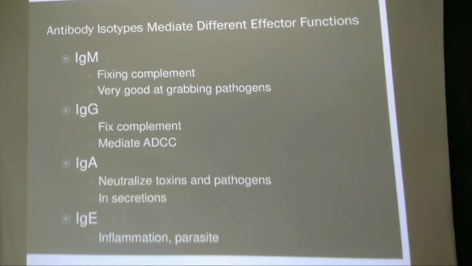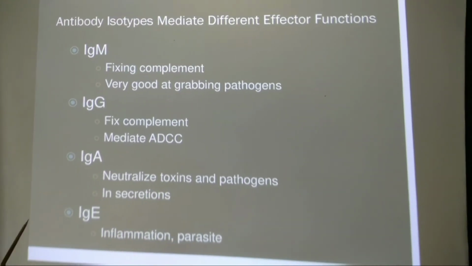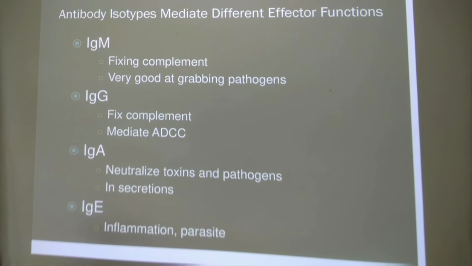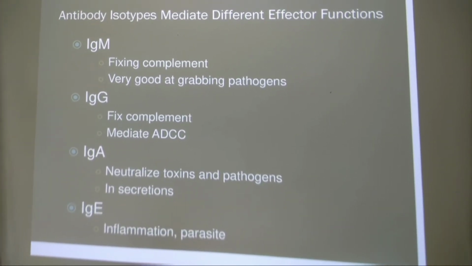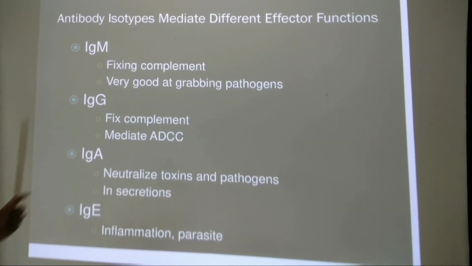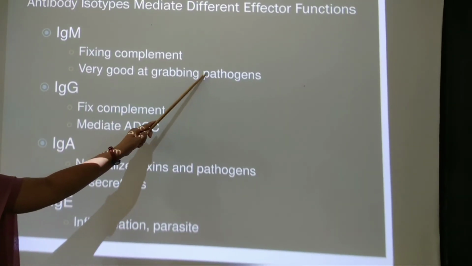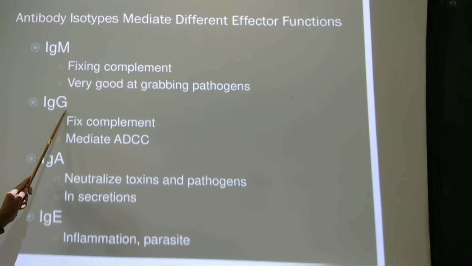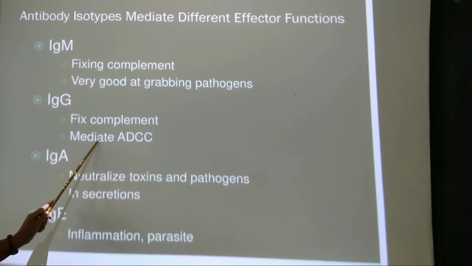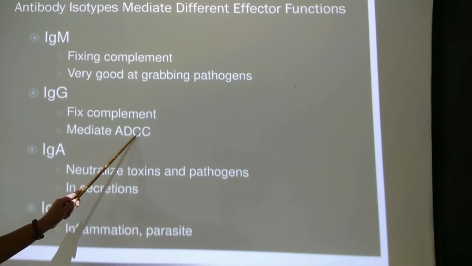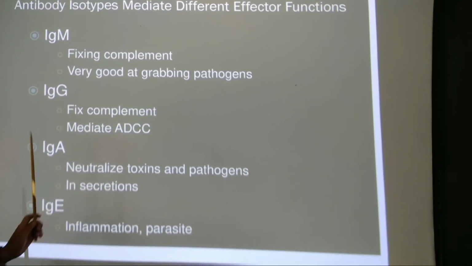Due to isotype switching, different types of antibodies are produced which have different effector functions. IgM antibody is good at fixing complement and very good at grabbing pathogens. IgG fixes complement and also mediates ADCC, antibody dependent cell mediated cytotoxicity.